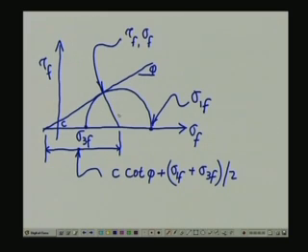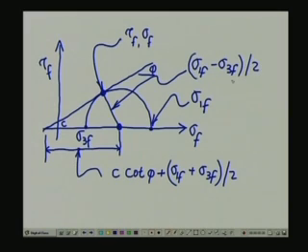And we also know that this particular distance, or the radius of the Mohr circle, is given by (sigma 1f minus sigma 3f) over 2.